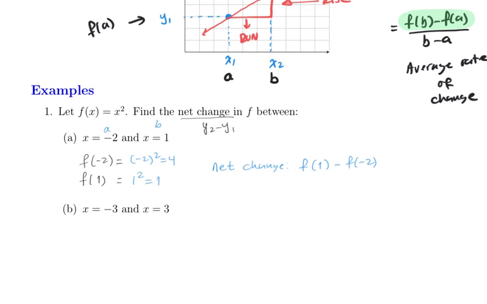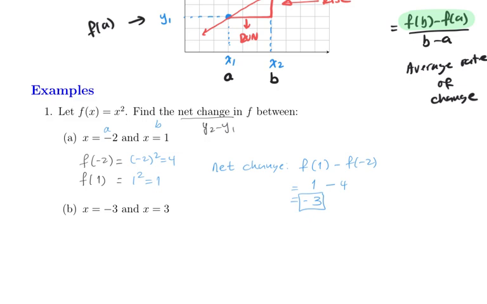You just have to be careful. So in this case, f of 1 is what? 1. And how much is f of minus 2? 4. And how much is 1 minus 4? Minus 3. That's it. So that's the net change, which means it's going down.